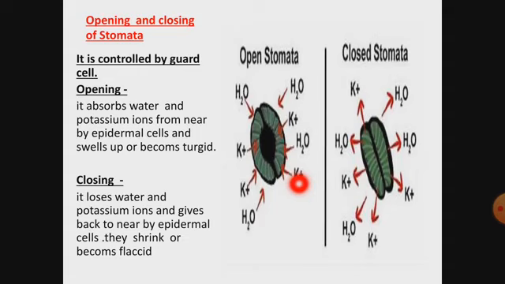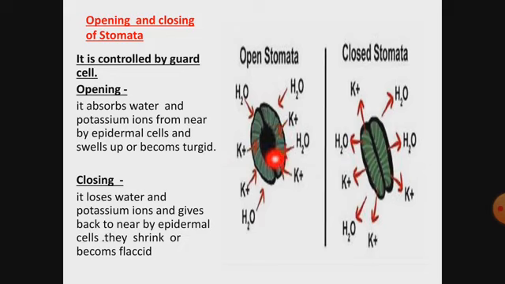So I told you that during opening of the stomata, the potassium ions and water both enter. You can see the arrowhead, they are entering inside the guard cell. When they enter inside the guard cells, they swell up because of the water and ion. Their concentration increases inside, they swell up and the stomata opens.